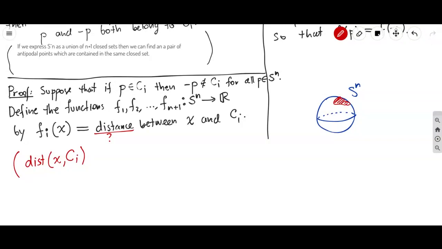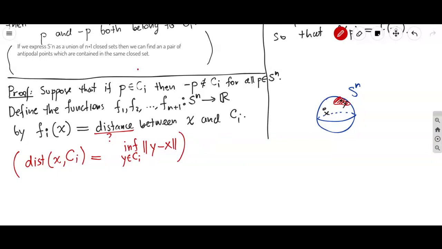Now if you have a point x on the sphere, how do you find the distance from x to that set? The reasonable way is to take the distance between y minus x, where y is an arbitrary point in that closed set, and consider the infimum as you range y over all of these.